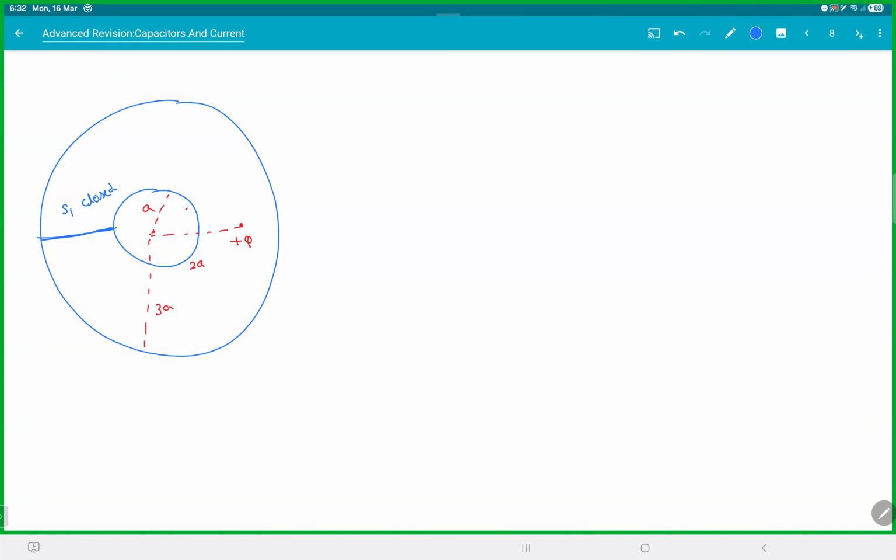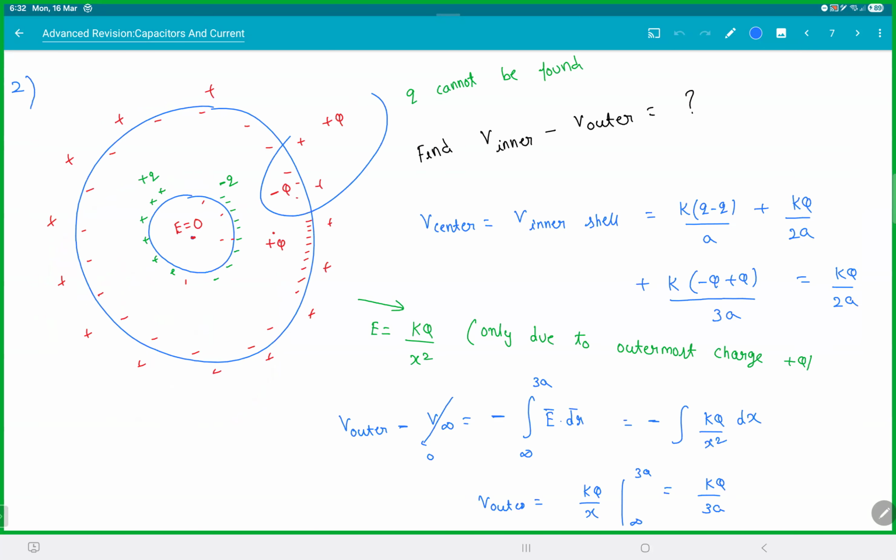How did Q come on the outer surface of the outer shell? Because the charge is conserved, because the outer shell is neutral, right, Devansh?